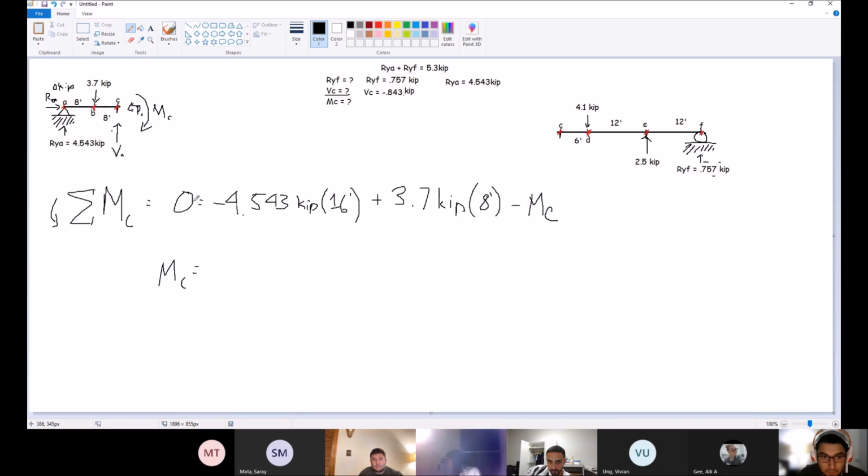That would be equal to negative 43.096 kip feet.